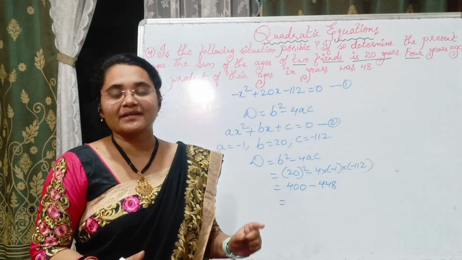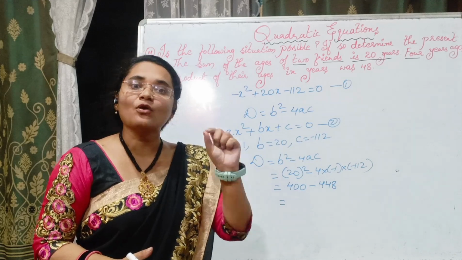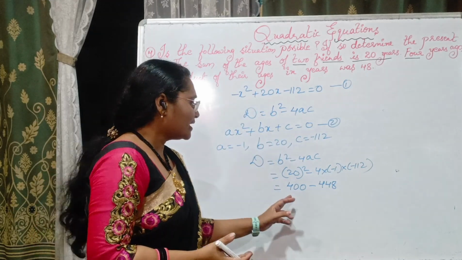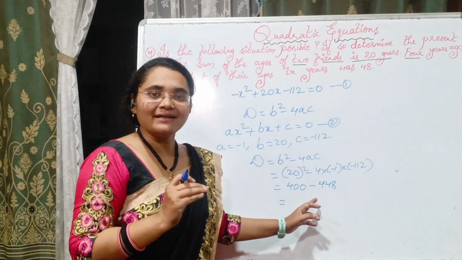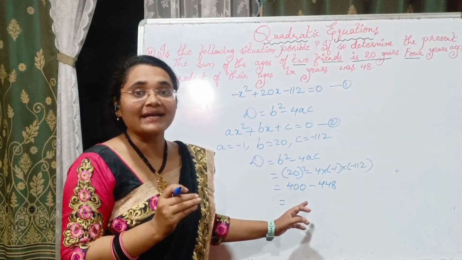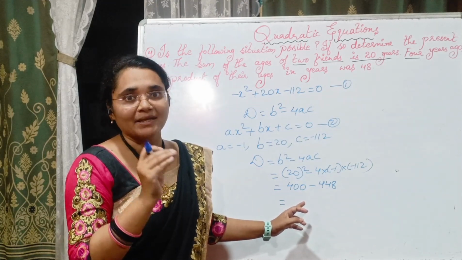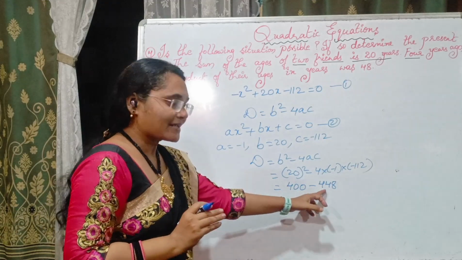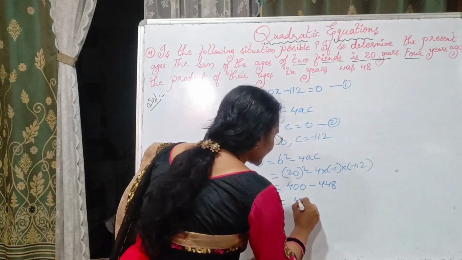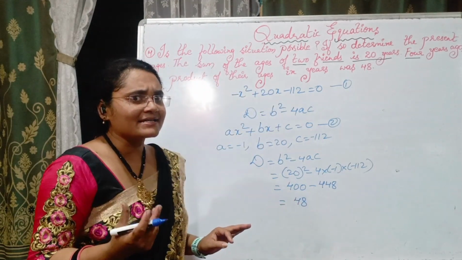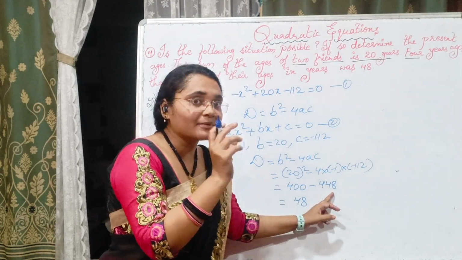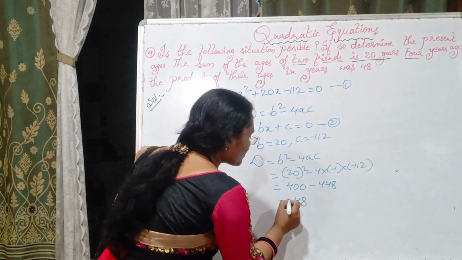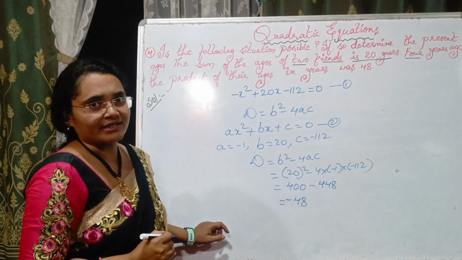Whenever same symbols are there, do addition and put the symbol of those two numbers. Here one is positive and one is negative, so do subtraction and apply the symbol of the greater number only. The subtraction gives 48. What is the symbol? 448 is the greater number, so what is the symbol before that? Minus. So our answer will also be minus 48.